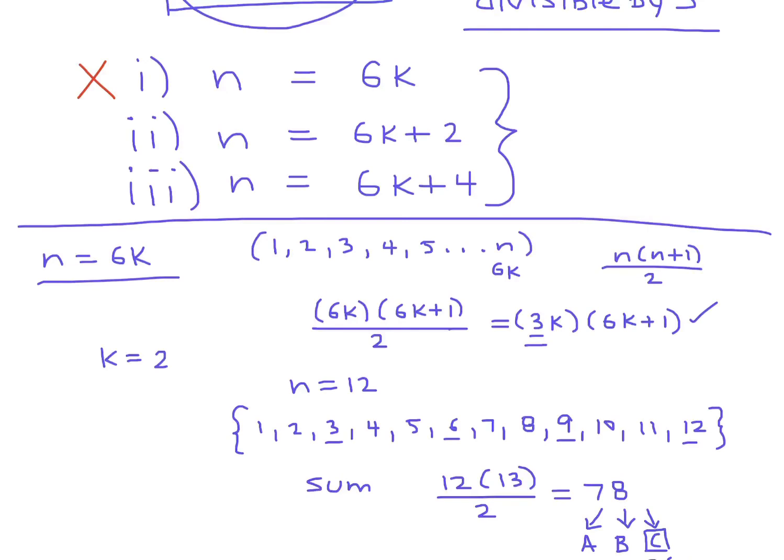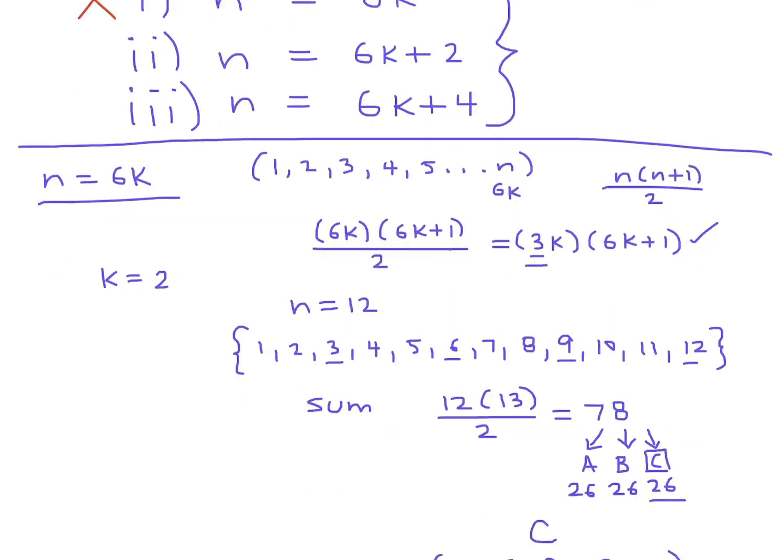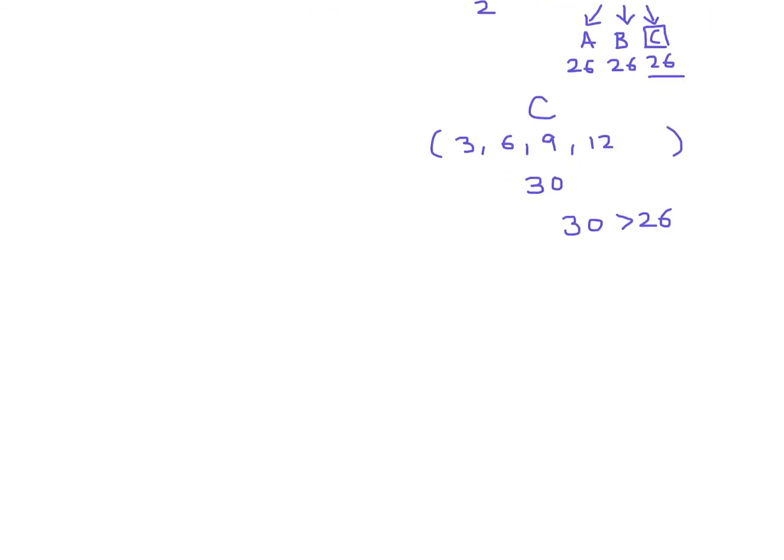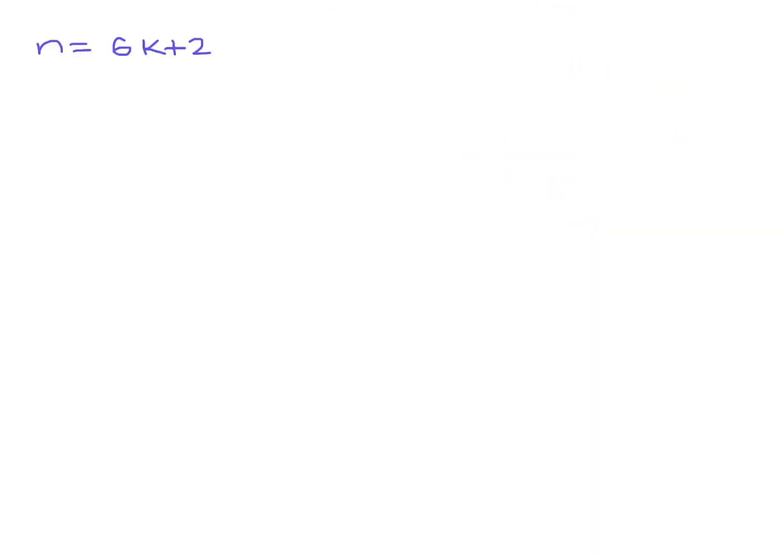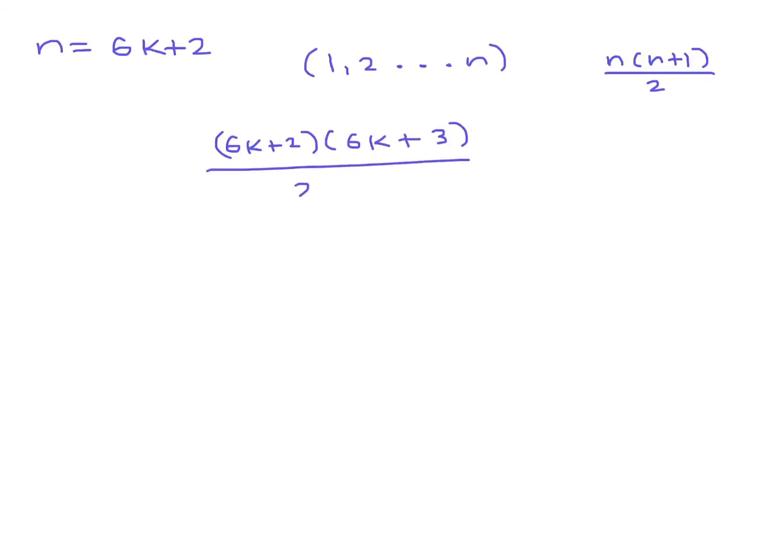All right, no problem. Let's move on to n equals 6k plus 2. At this point, we have 1, 2, all the way up till n, and we want to find the total sum, right? Total sum is, of course, n times n plus 1 over 2. So if n is equal to 6k plus 2, that becomes 6k plus 2 times 6k plus 2 plus 1, which is plus 3, all divided by 2.